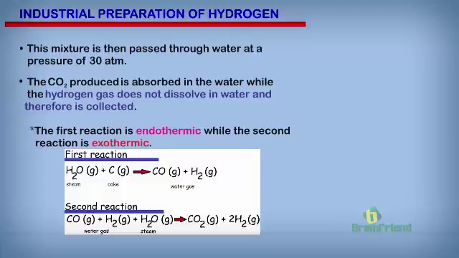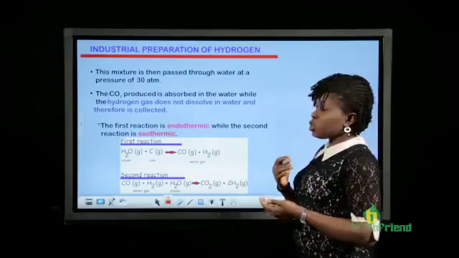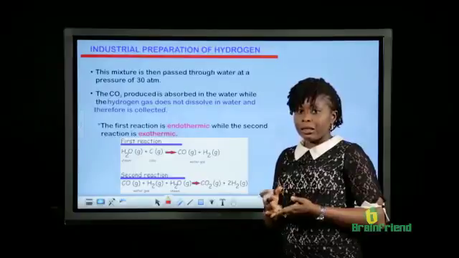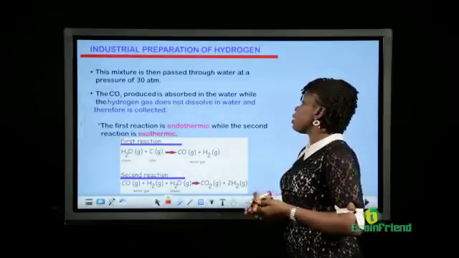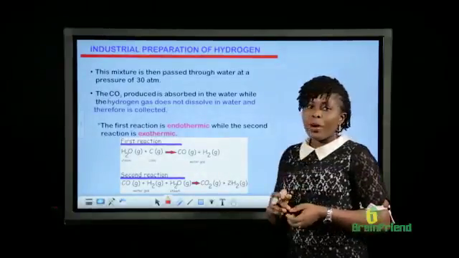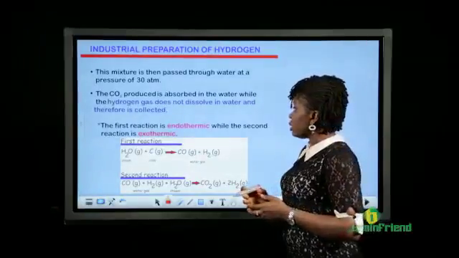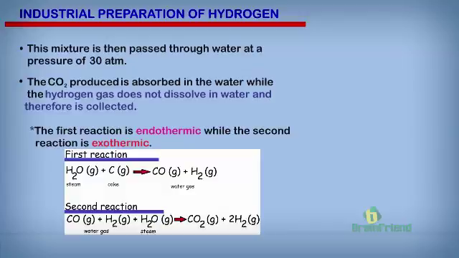This mixture is then passed through water at a temperature of 30 degrees Celsius. The carbon dioxide produced is absorbed in the water because carbon dioxide dissolves in water, while the hydrogen gas, which is insoluble in water, is collected as such.